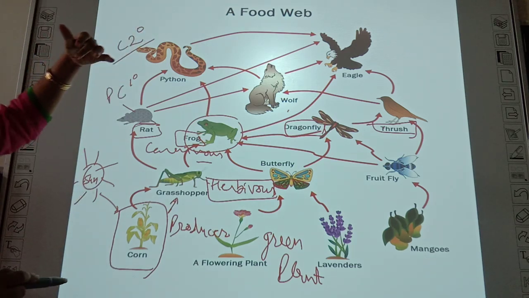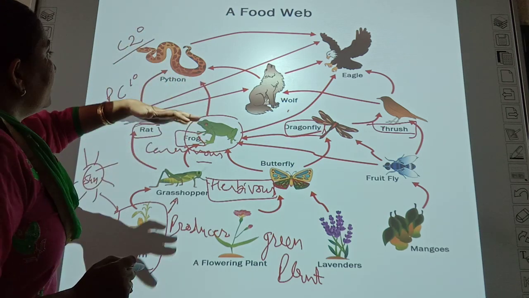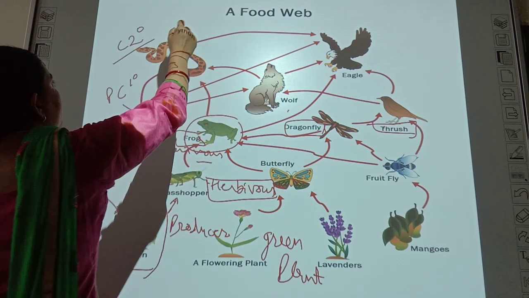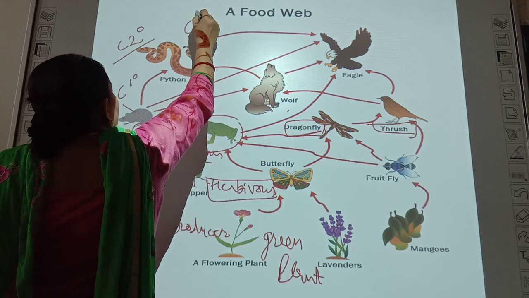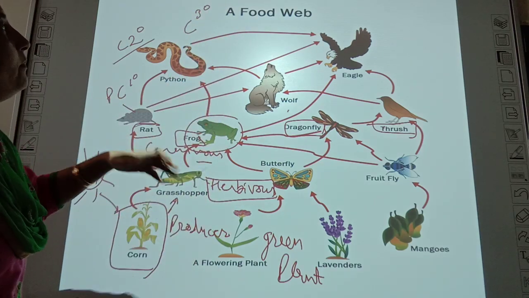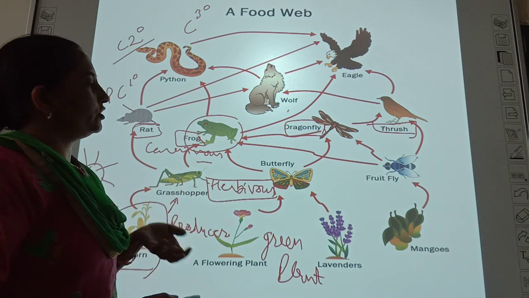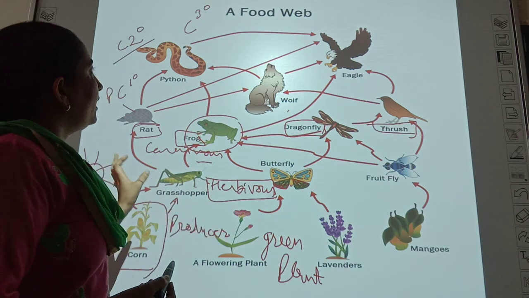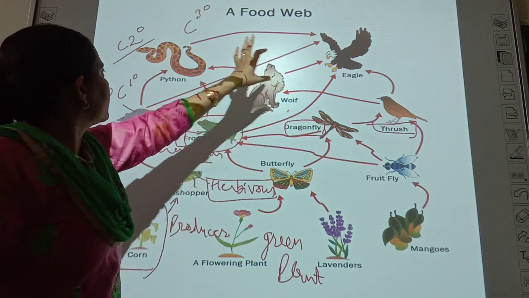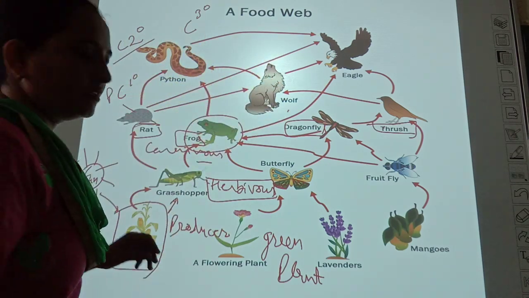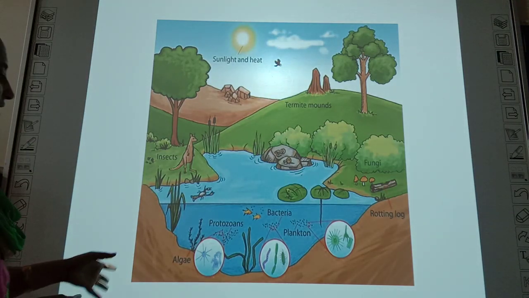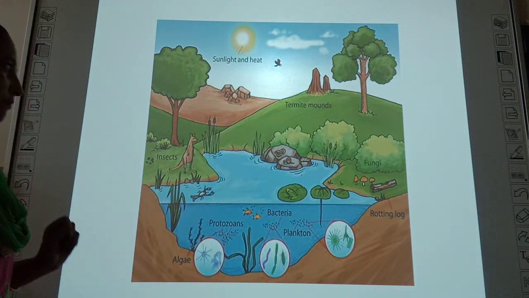These are the further carnivores, and these may be further eaten by some other tertiary carnivores. In this food web, maybe a tertiary carnivore may be present, and that tertiary carnivore may eat the secondary carnivores.